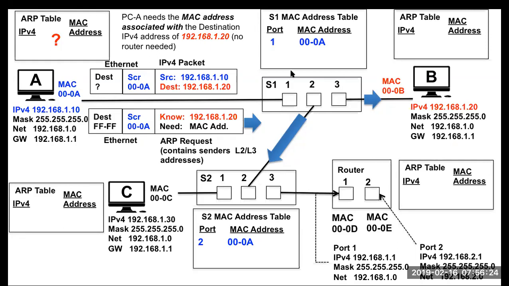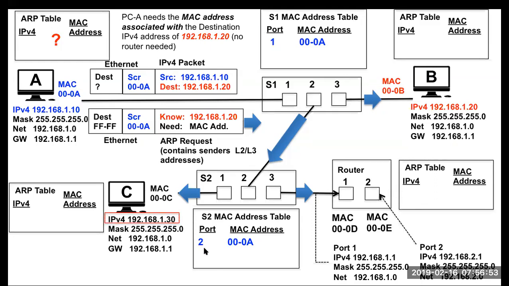So it has no idea what's in other switches' MAC address tables. It's only concerned about its own MAC address table. The incoming port number the frame came in on was port 2, source MAC address 000A. Then it wants to forward the frame, so it looks at the destination MAC address. It says, oh, it's a broadcast, so I'm going to forward it out all ports.